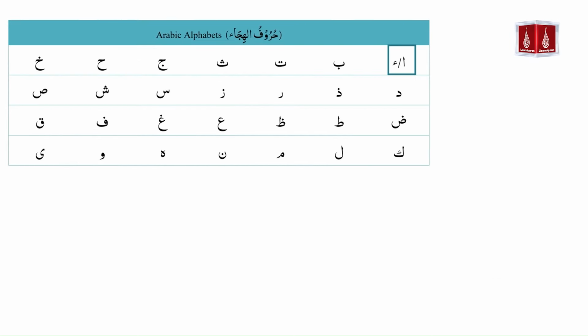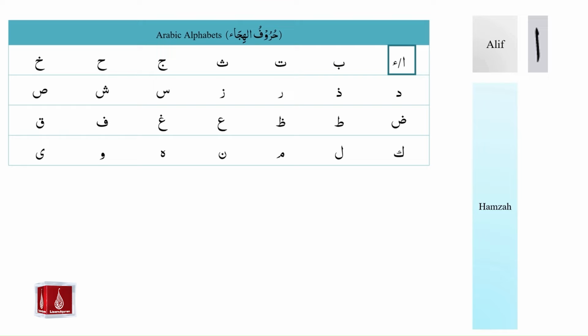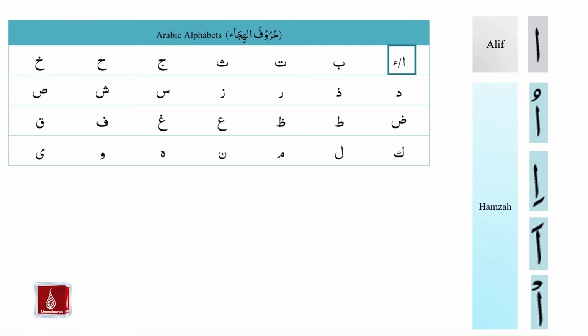To summarize what we have learned so far, this is alif. There is not a presence of harakat or the presence of sukun on it. And these are all examples of Hamza in the Arabic text, either with the presence of pesh, or zair, or zabar, or sukun.